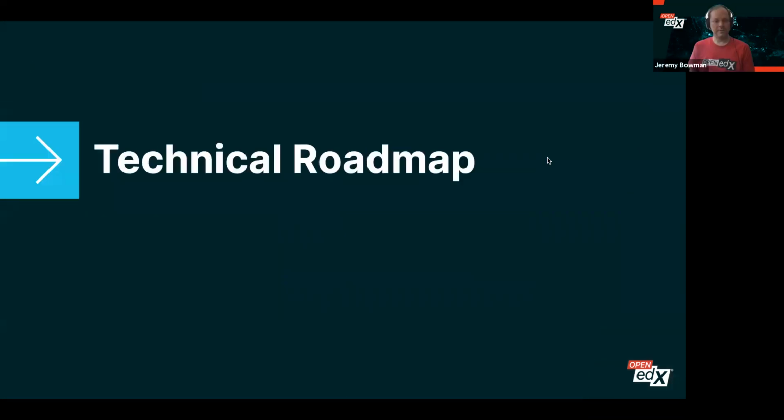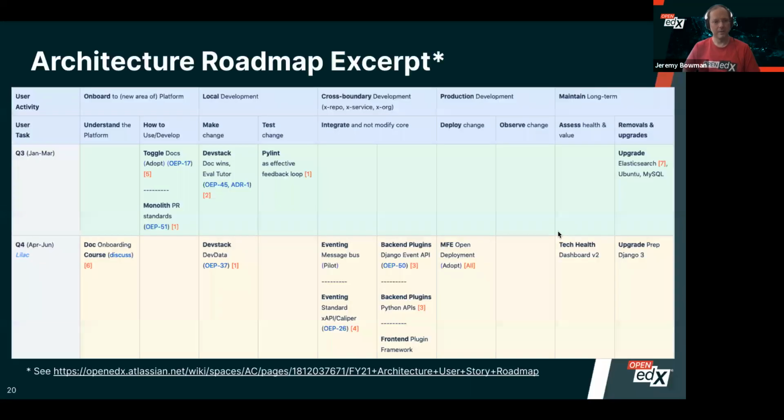Yes, so as mentioned before, in this section, I want to tie back to things that Serena and Misha discussed with some concrete items on our roadmap that will actually help these initiatives along. These are the way we're actually going to accomplish this vision in specific tasks. So next slide, please. So this is an excerpt from an architecture roadmap that's available on Confluence.